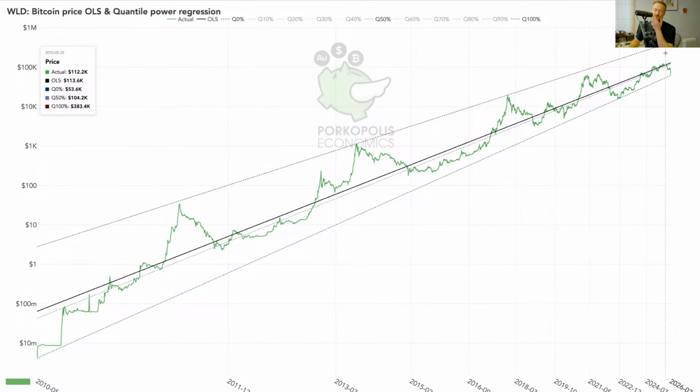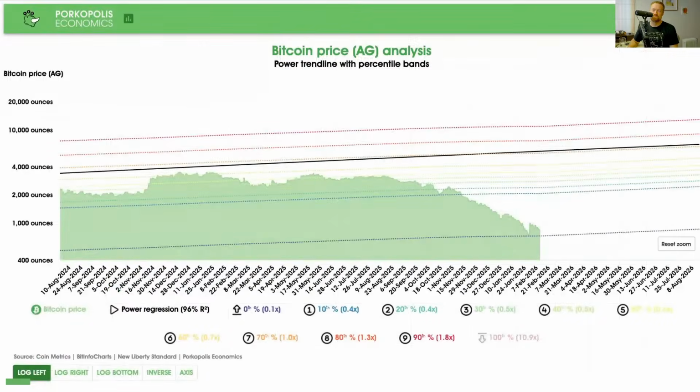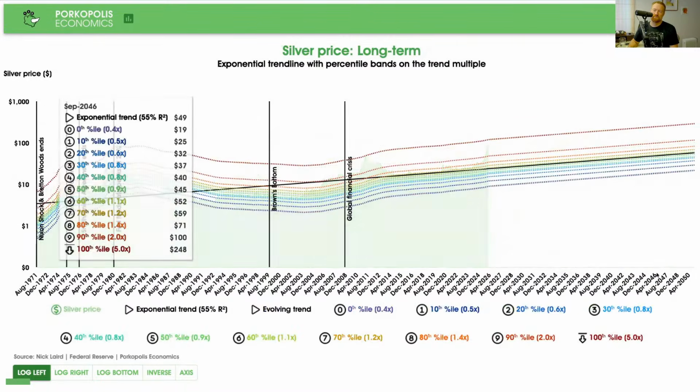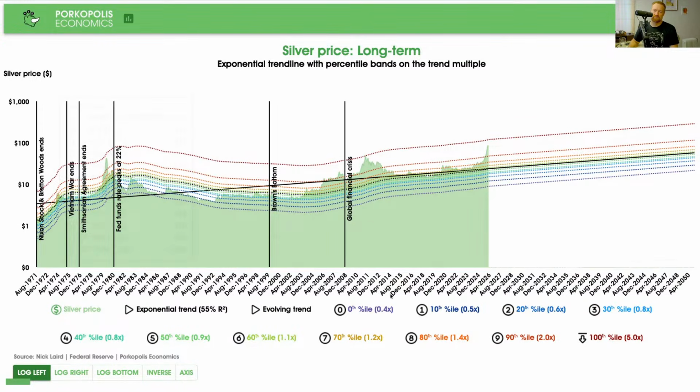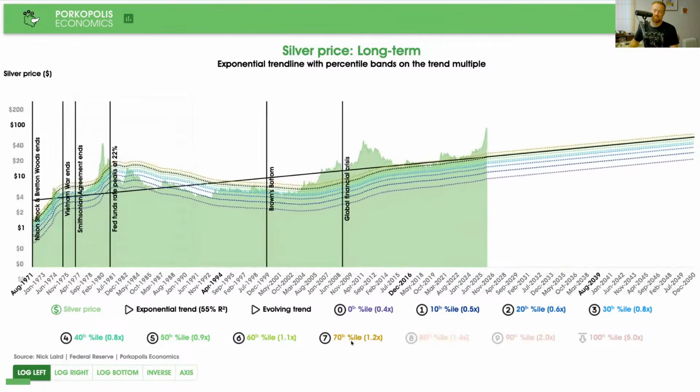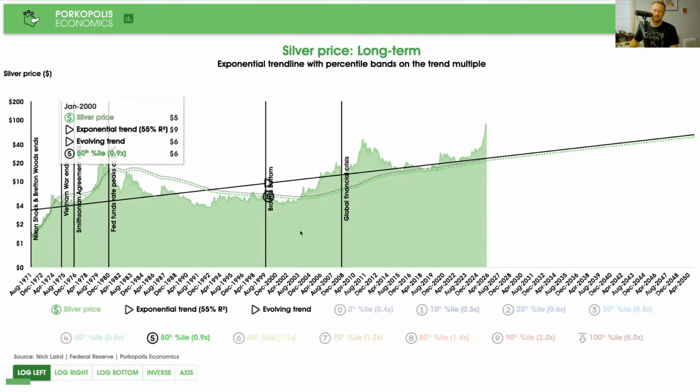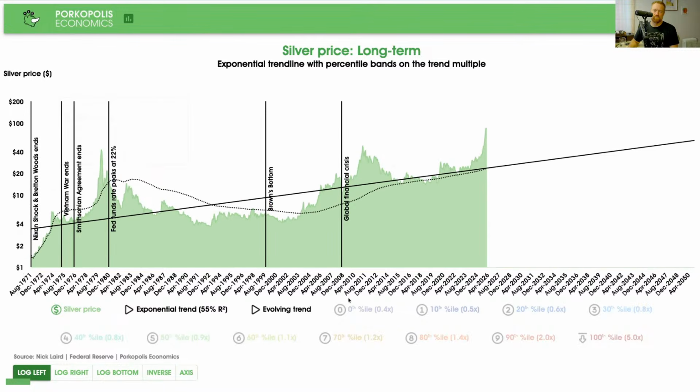So Apple stock would not look like this. The gold price, right? So here's silver over the long term. We can make a straight line out of it, but only on log linear. This is linear at the bottom. And of course, it's super variable.